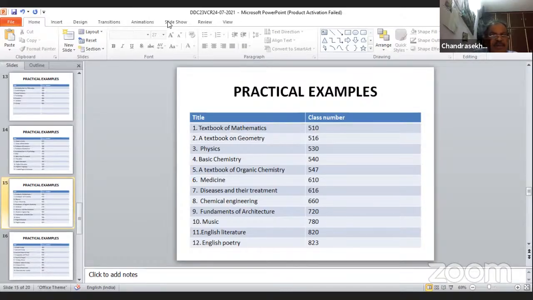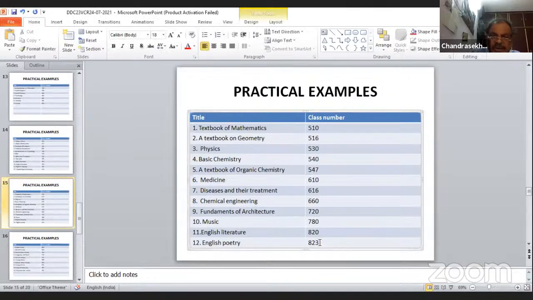So here oka example ichamu, English poetry anna. So 820 is English literature. Dantlo 820 lo 821 ante poetry, 2 ante drama, 3 ante novel. So here 821, this is a mistake, it should be 821.